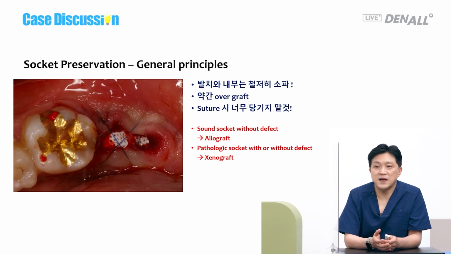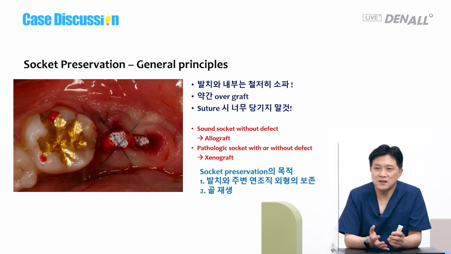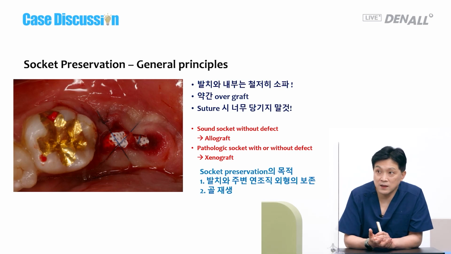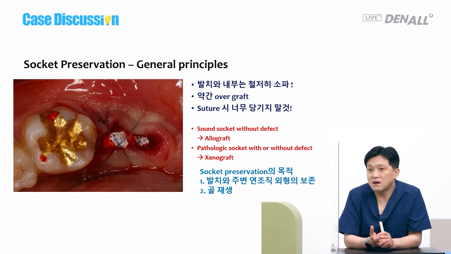When you do socket preservation, you need to remember its purpose. The primary purpose is to preserve the soft tissue appearance surrounding the socket. You need to keep in mind that the primary purpose is not bone regeneration. Bone regeneration is secondary.